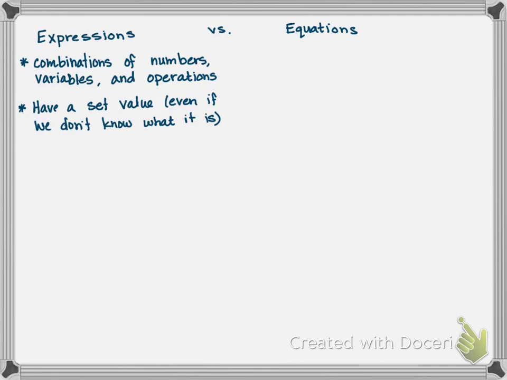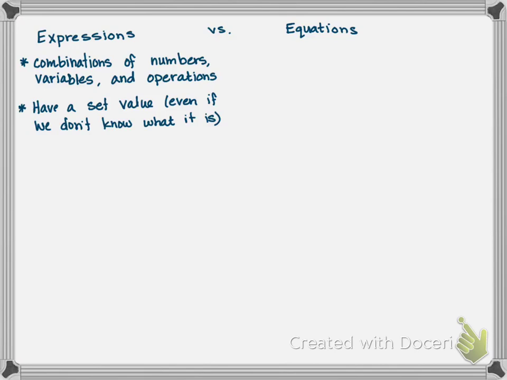An expression is sort of like a bathroom scale, right? You stand on it, it tells you how much whatever you put on it weighs. And if you change anything about what you've put on the scale, it's going to change the numerical value of the weight, right? So the only thing we can do with expressions is rewrite them in a different way. We can't actually change them mathematically, otherwise we change their value, right?